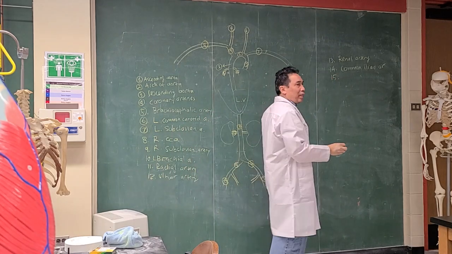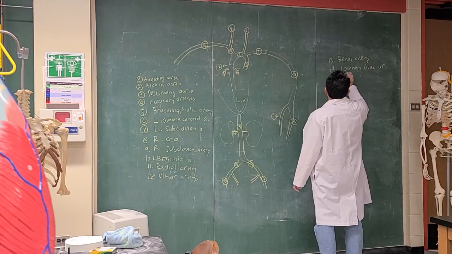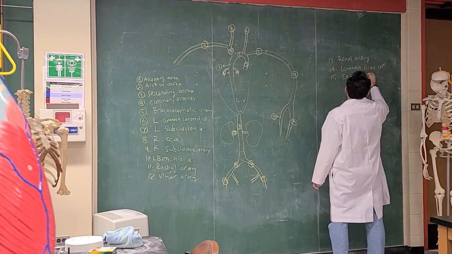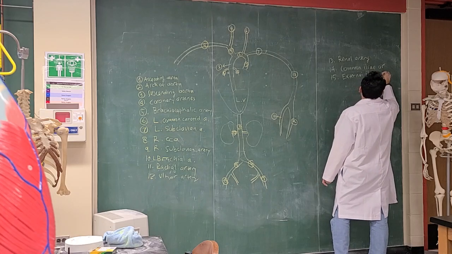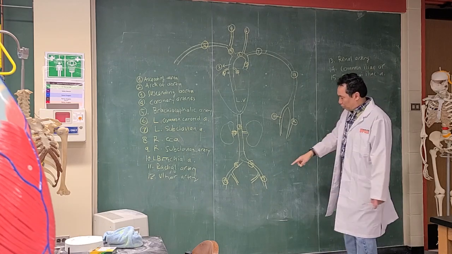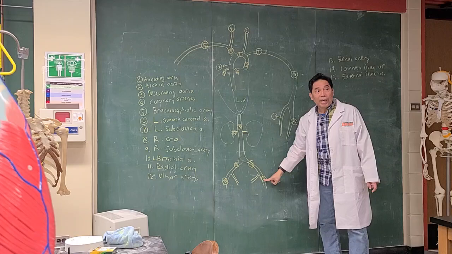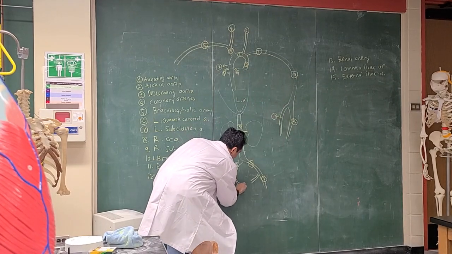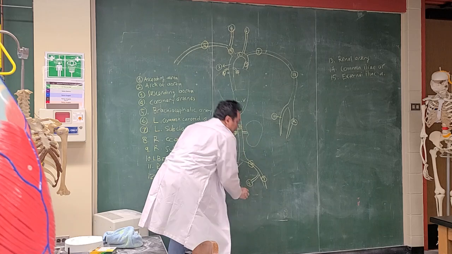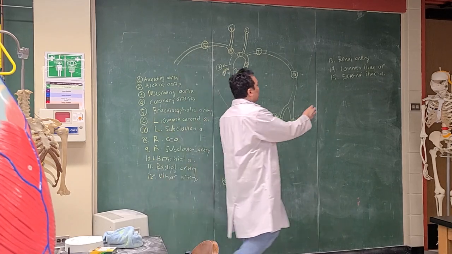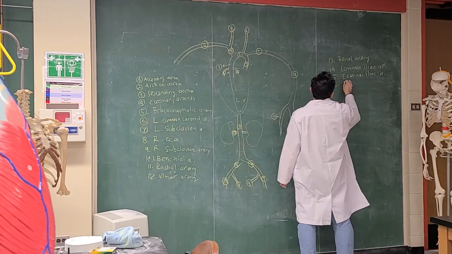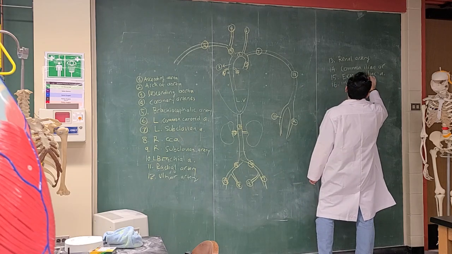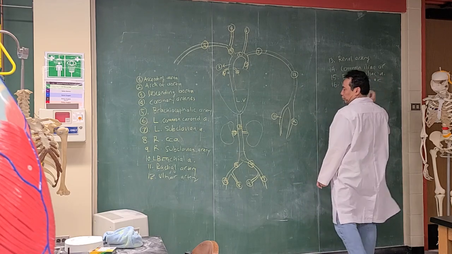It's going to be the external iliac artery, number 15, and number 16 is going to be internal. This is 16. Internal iliac artery.